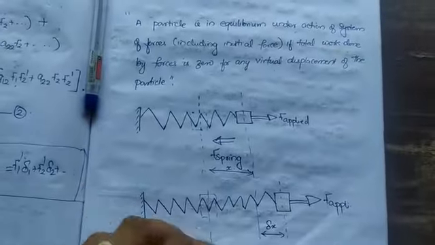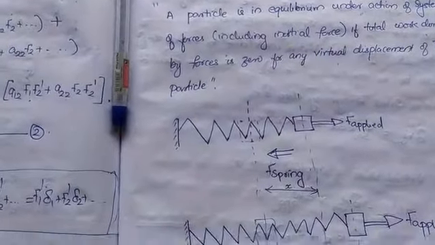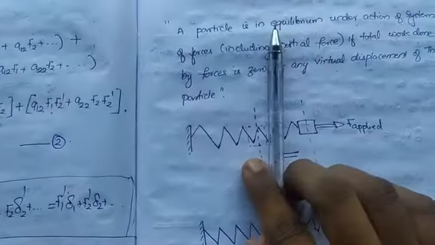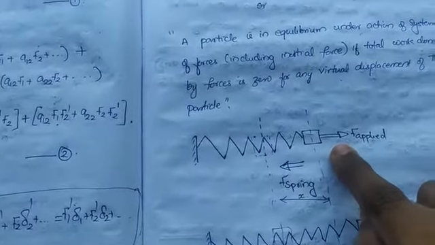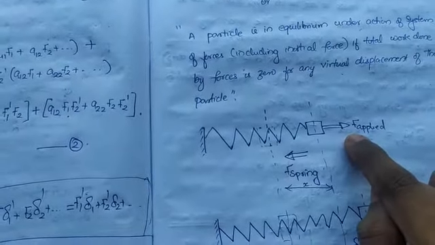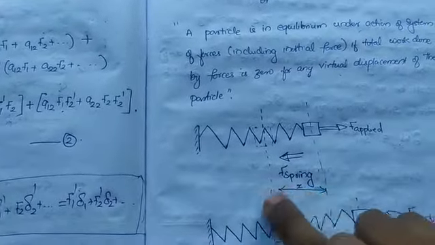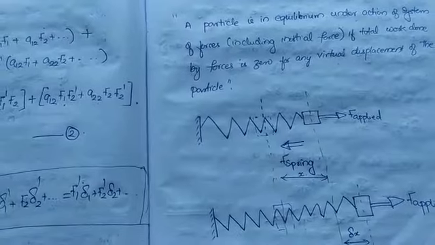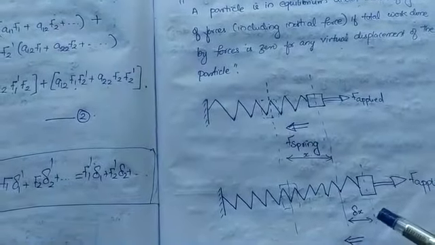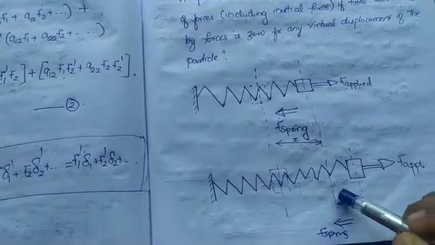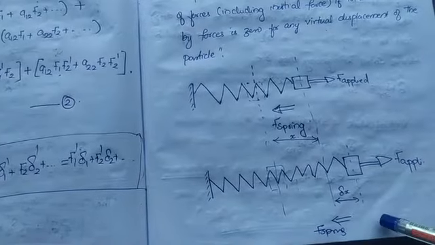Consider a system of forces in a spring. If this is its equilibrium position, I am pulling this up to a distance x, that is, I am giving an applied force F, so there will be a tension in the spring. That means the spring force will act in this direction. Now if I give an extra displacement, a delta x is given.